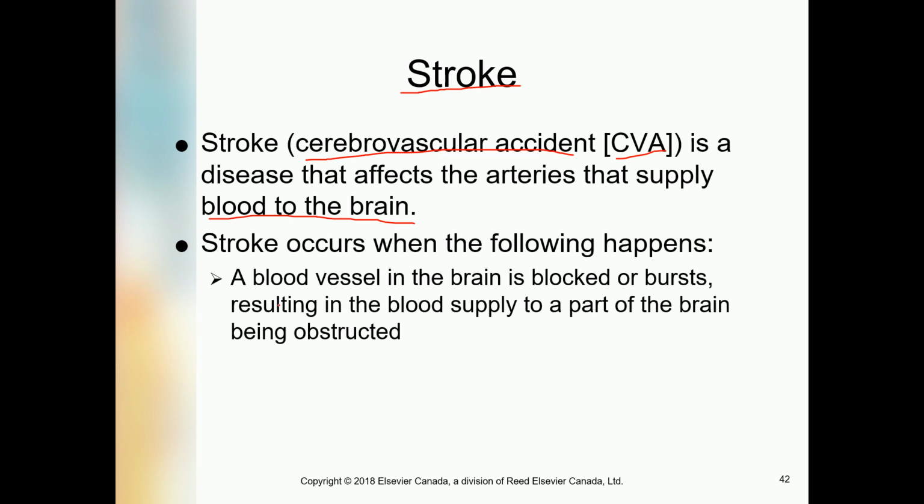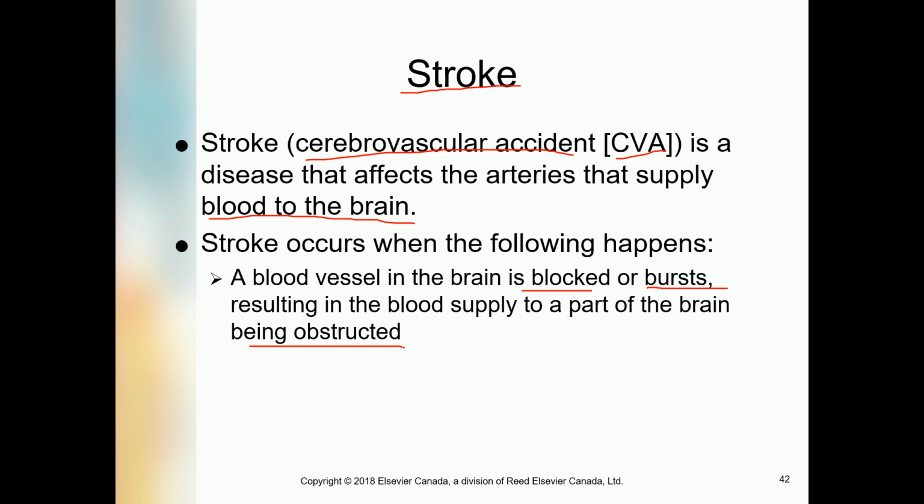Heart is different. We will discuss it later. Stroke occurs when a blood vessel in the brain is blocked or bursts. What happens in a stroke? A blood vessel in the brain is blocked or broken, resulting in the blood supply to a part of the brain being obstructed. Less or no blood goes to the brain, and people have a stroke. Very simple.